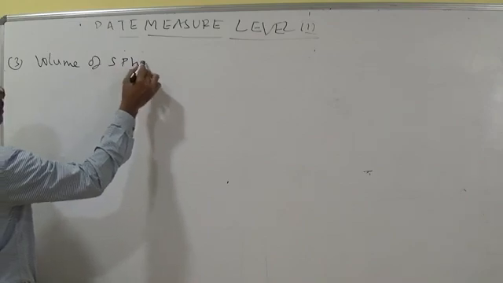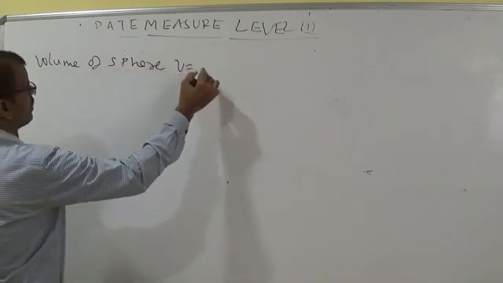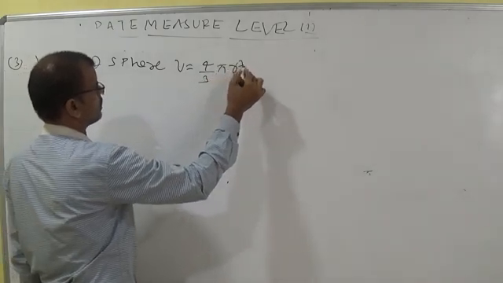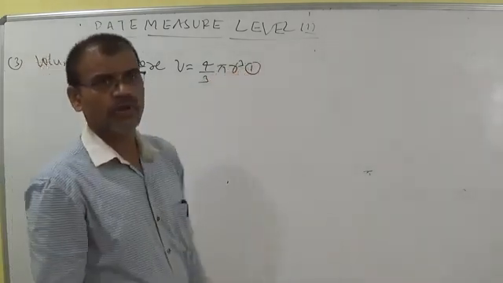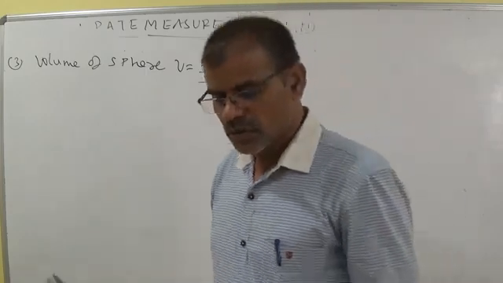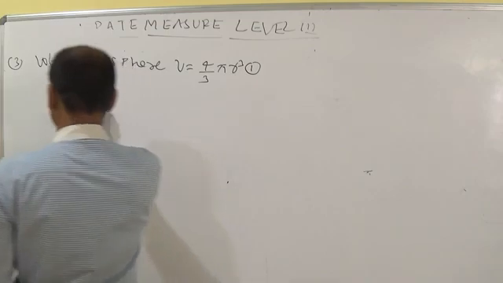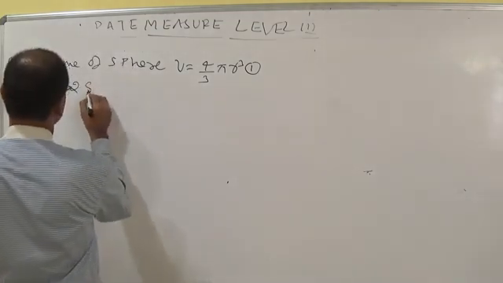Volume of sphere, let us remember the formula: V is equal to 4/3 πr³. Let it be the first equation. He has given that the volume is 288π cubic centimeter.